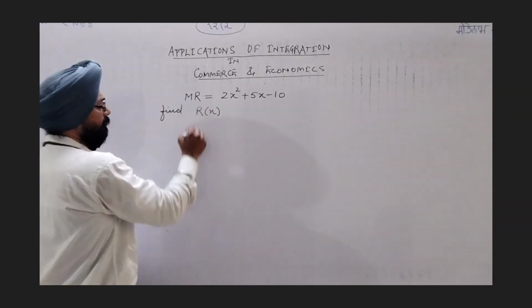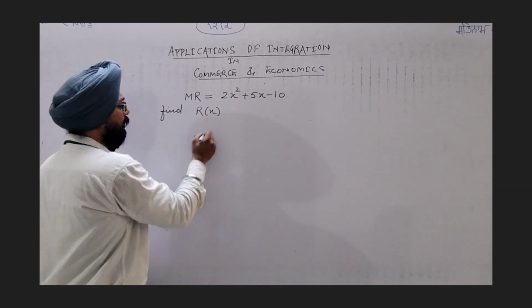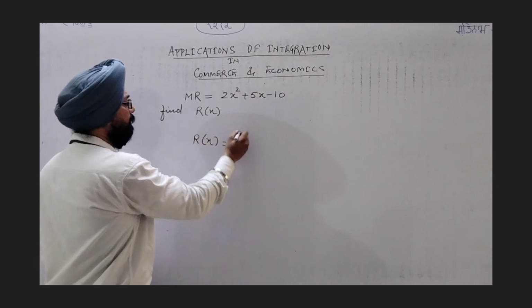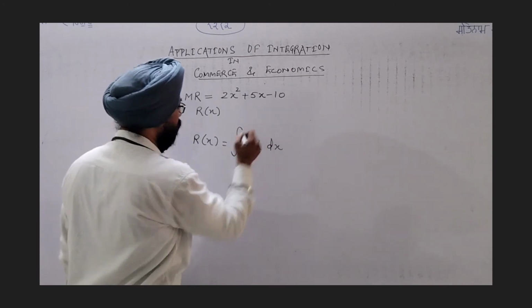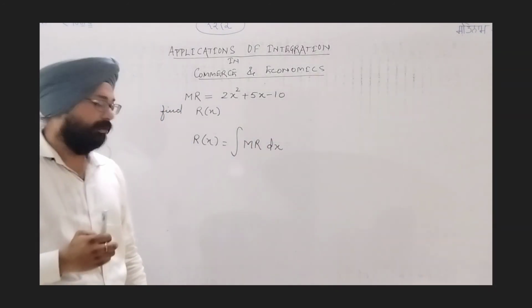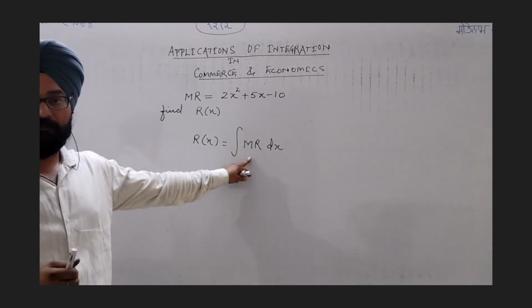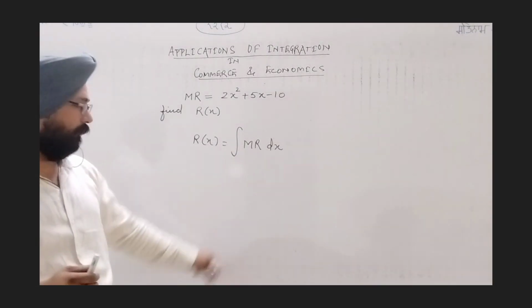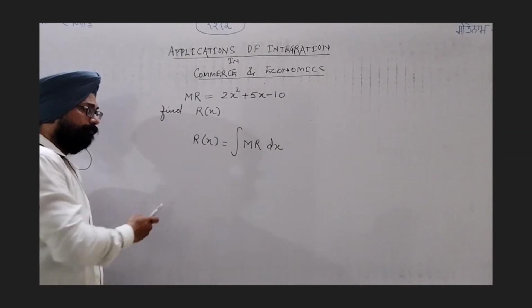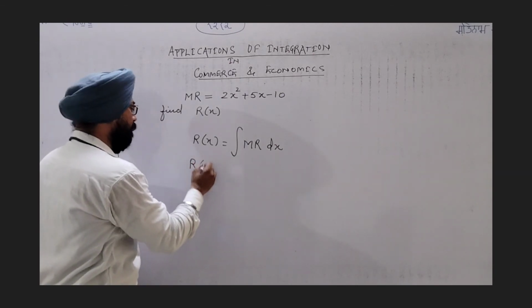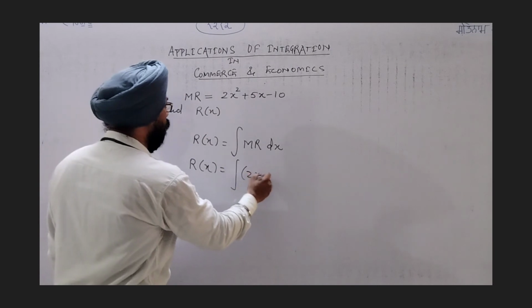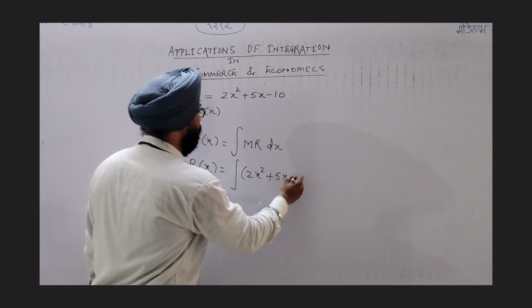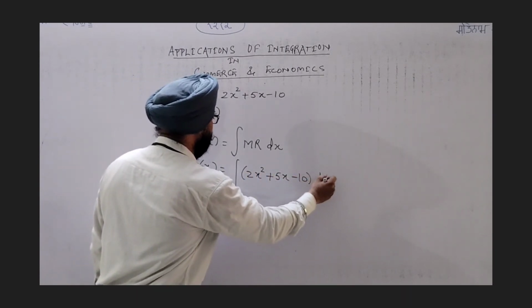So Rx is required here using this marginal revenue. So we can write, just like the previous case, Rx is the integration of marginal revenue with respect to x, and every time we will use the same formula. Now, Rx is the integration of 2x square plus 5x minus 10 dx.